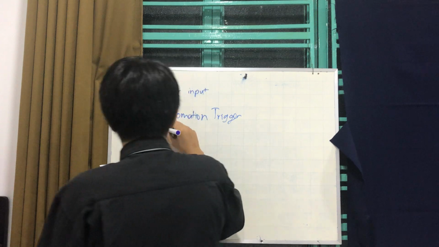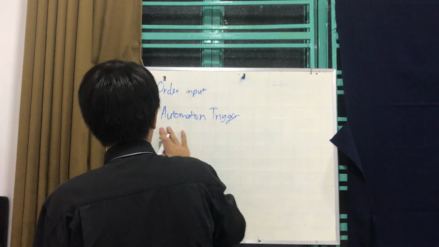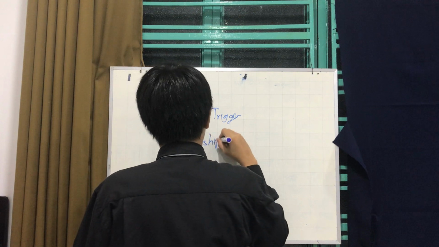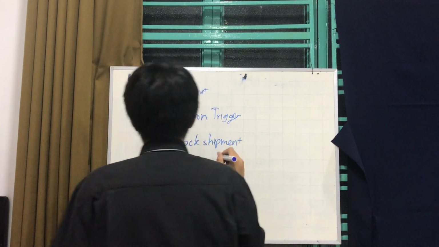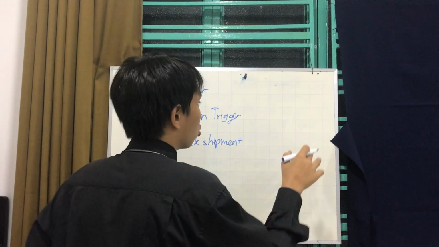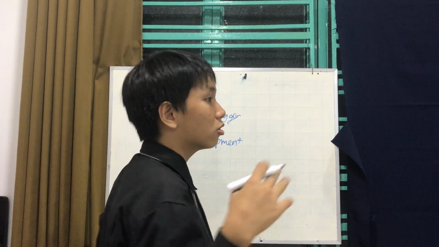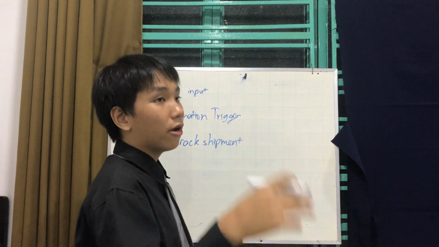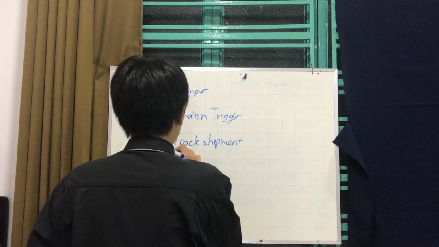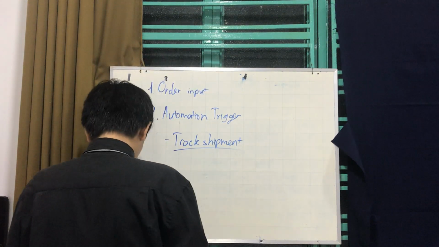So one, let me write this on the line, track the shipments. So send to the GPS tool to track the shipments: if it is out of the store yet, into the storage facility yet, or if the driver or the delivery man has taken the package yet. So track the shipments.